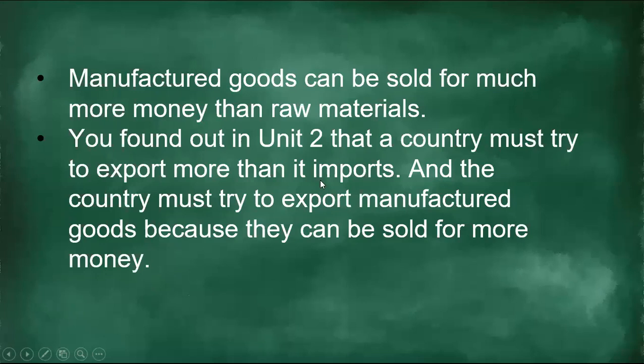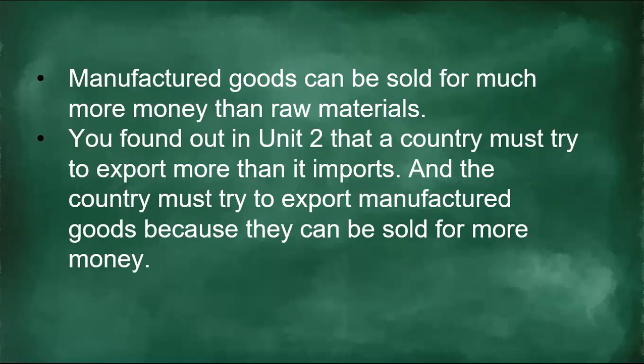We learned about this, that a country needs to export more than it imports, okay? It should not spend a lot. It should be receiving, okay? And the country must try to export manufactured goods because they can be sold for more money, okay?